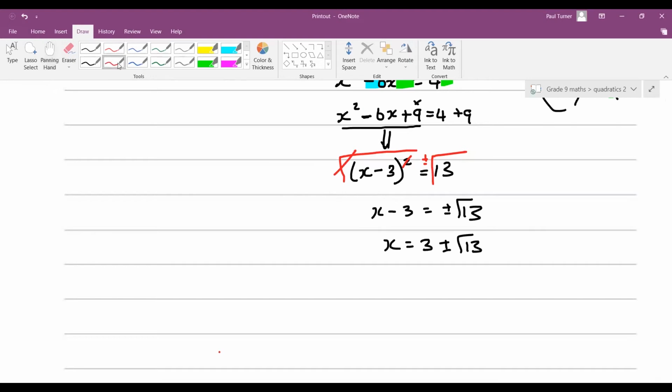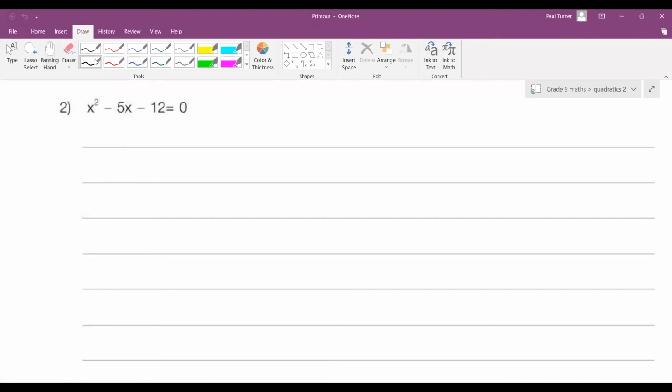So like that, and then 3 minus root 13, which is minus 0.60555. So this in question, I'll go through it fairly quickly because most of you seem to understand anyway.